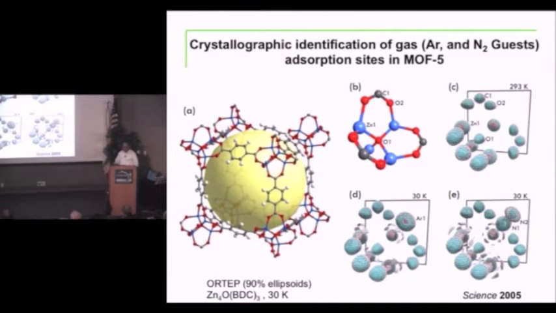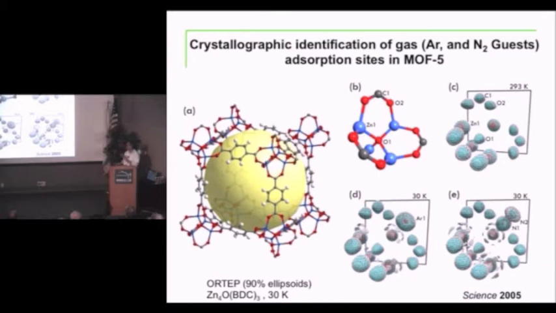But the key here was to understand where a gas molecule, when it diffuses through the pores, sits in the framework. Because as chemists, we know that if we know the binding site for molecules, we can functionalize or play with the electronics of that active site in order to enhance, say, the adsorptive properties.